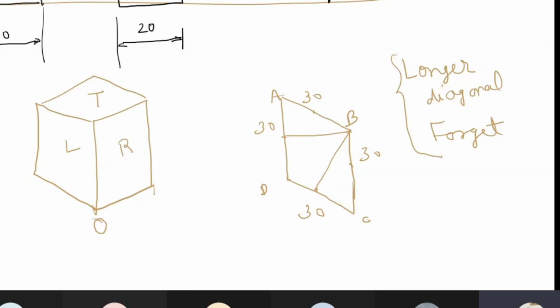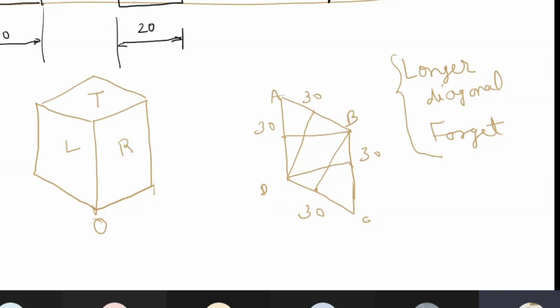We are interested only in the shorter diagonal, BD. Now from D and from B, from both the points, we will draw lines to the opposite midpoint, like this and like this.